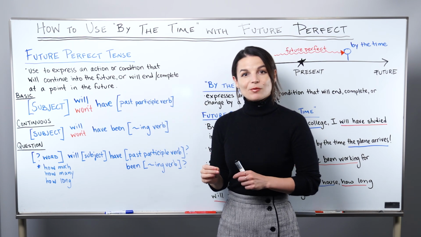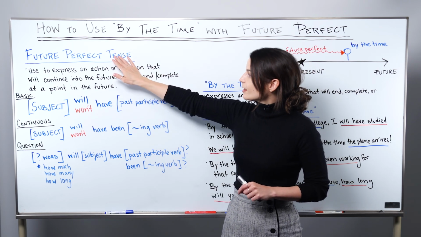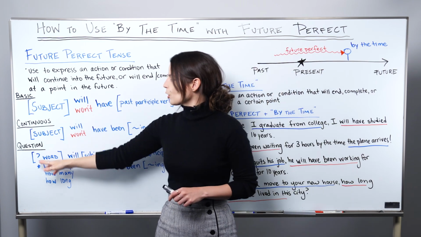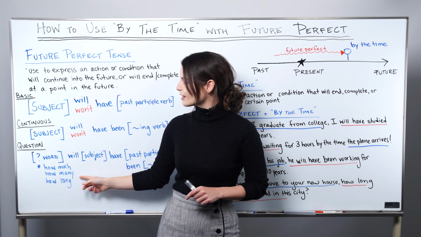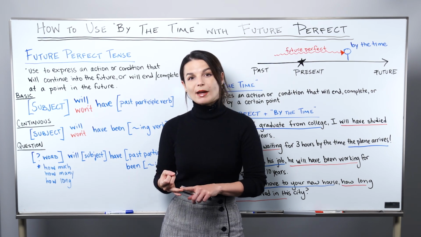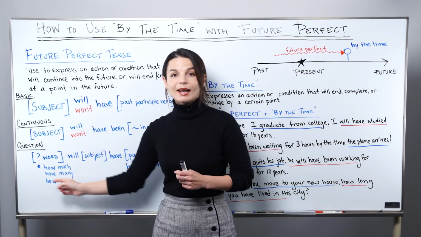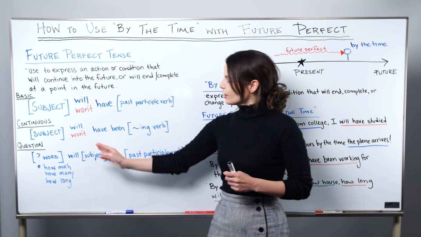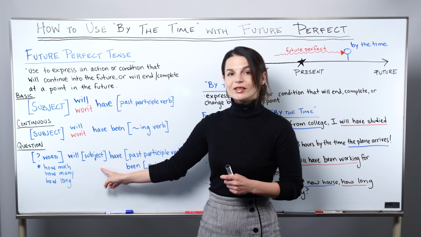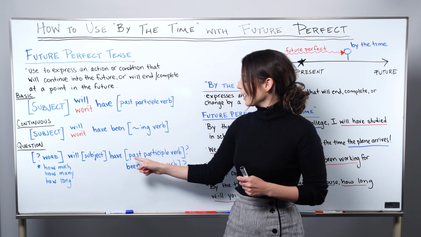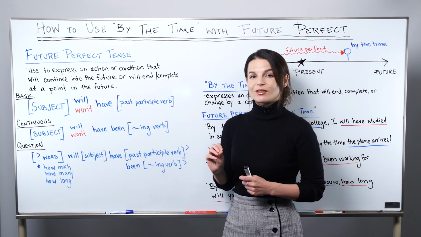The last structure I want to introduce is the question structure. So with future perfect tense questions, we start with a question word, and it's more common to use questions like these, like how much, or how many, or how long. We use these kinds of question words at the beginning of our question patterns. To continue, we then use will plus our subject in this position, and then have and the past participle verb form to make a basic future tense question.